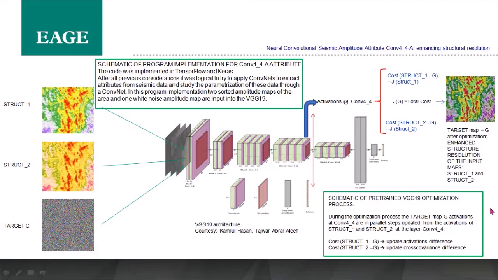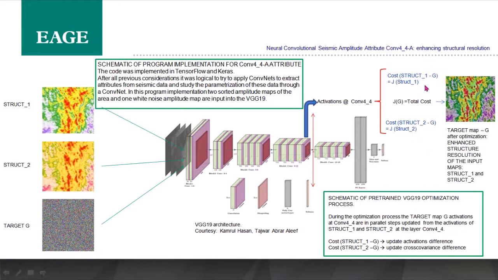During the optimization process, the target map G activations at Conv44 are in parallel steps updated from the activation of struct1 and struct2 at Conv44. 3 cost functions are calculated.